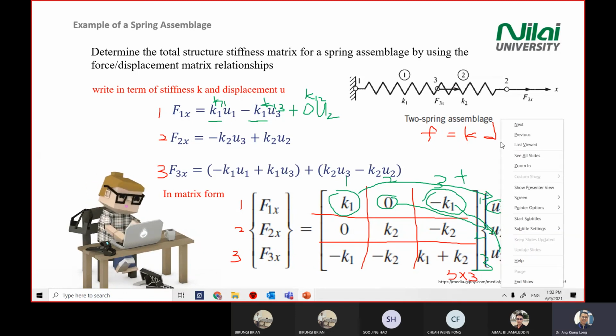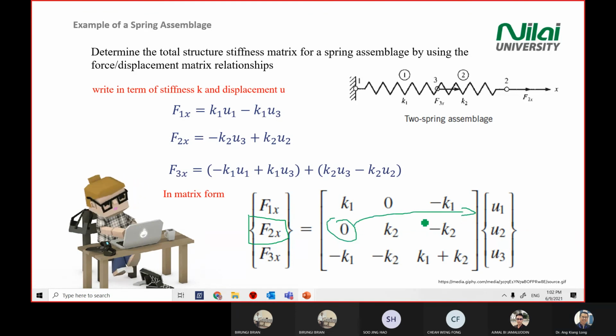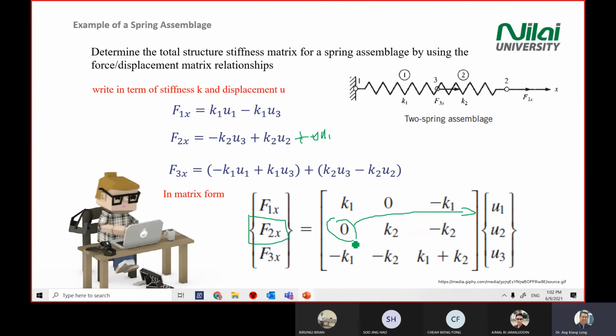All right. Then the rest you just copy accordingly. You derive the second one. You continue with the second equation. 0 times U2 plus this one. Because here you don't have U1, so it's 0. You write 0 here. 0, K2 U2, so K2 times U2.